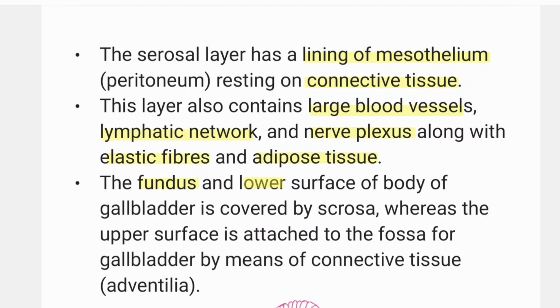The fundus and the lower surface of the body of the gallbladder are covered by the serosa, whereas the upper surface is attached to the fossa for the gallbladder by means of connective tissue, which is the adventitia.